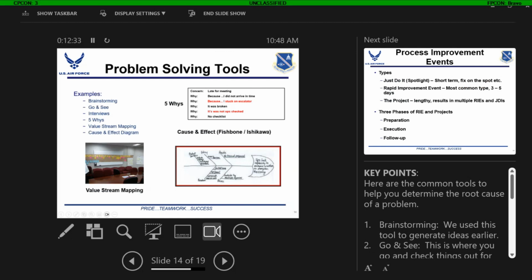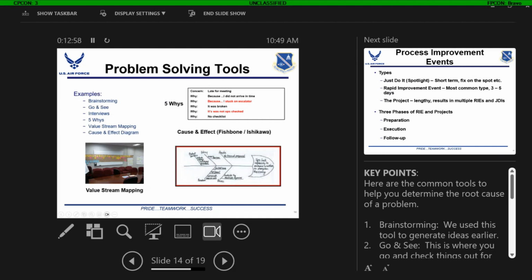Some problem-solving tools you may have recognized on the previous slide are very generic, and I'm sure you've heard and most likely used many times. Examples are brainstorming, doing interviews, using the 5 whys, and creating a value stream or process map.